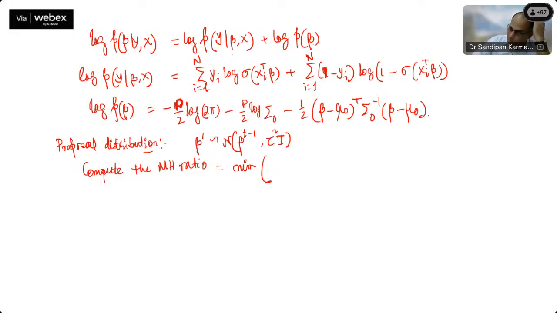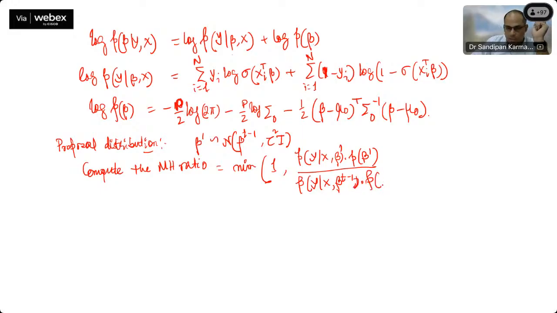So that is the minimum of 1 comma p of y given x, beta dash, that is the proposal value, multiplied by p of beta dash, divided by p of y given x comma beta t minus 1, that means the earlier step beta value, multiplied by p of beta t minus 1.